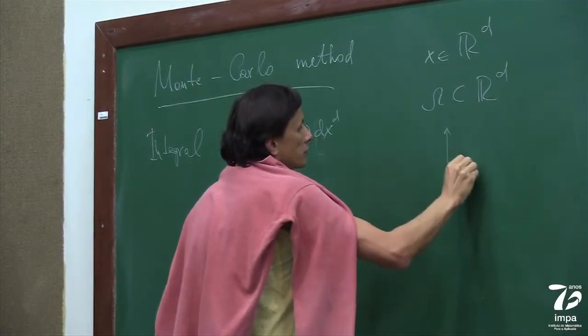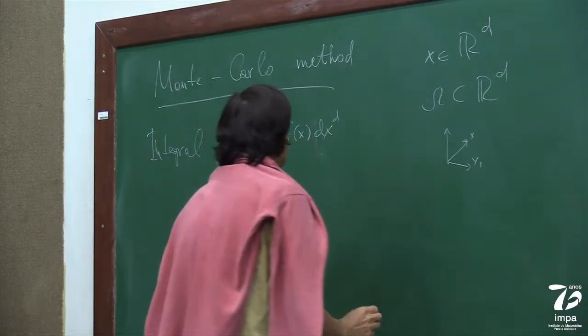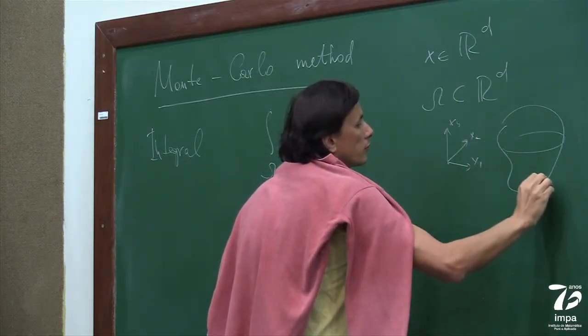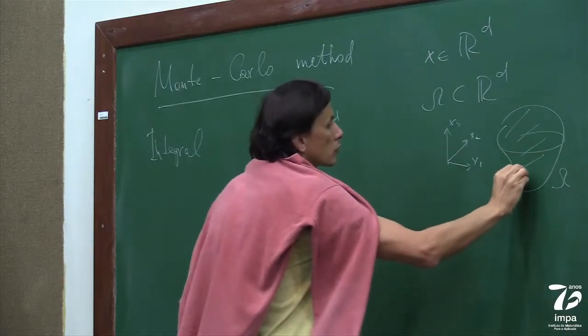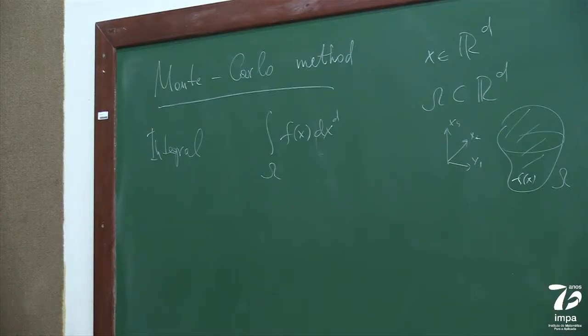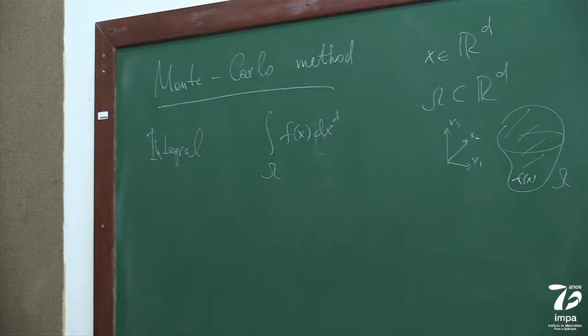We have this d-dimensional area, and we want to integrate the function in this domain. And d is huge. Maybe we compute some problem in physical chemistry where each dimension is a degree of freedom of a molecule, and the molecule has 100 atoms, so this can be an integral in dimension 200, for example.